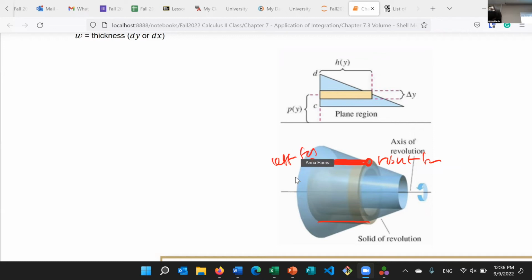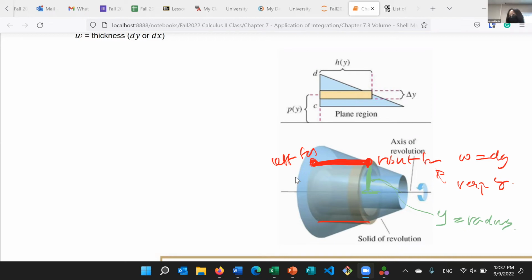Left function. Are you with me, class? Because of that, you're going to say, okay, my width is dy. Okay, and this function means it'll be with respect to what? Y. The radius is the easy one. Radius is usually just what it is. You're going to call yourself from here to the x-axis to do this. So this will be just y. That's your radius. Okay, the radius is what? Simply y in this case.